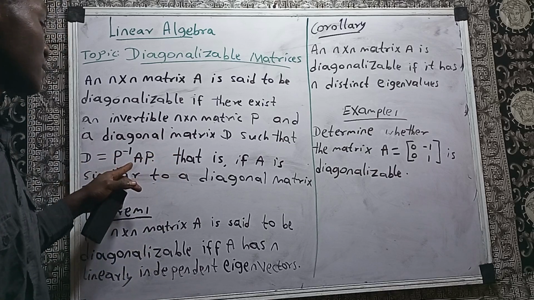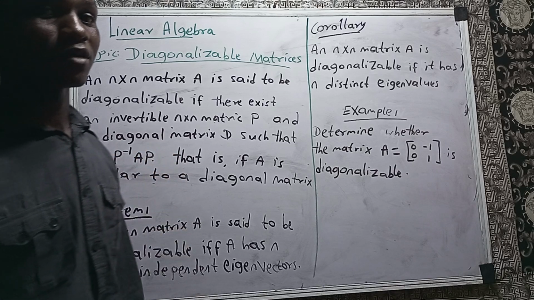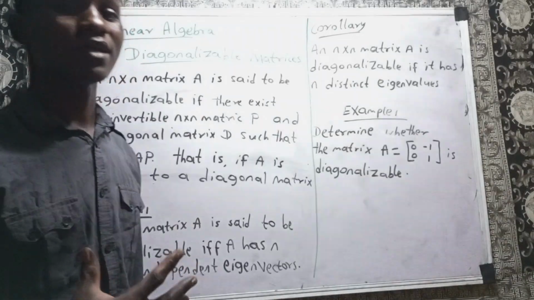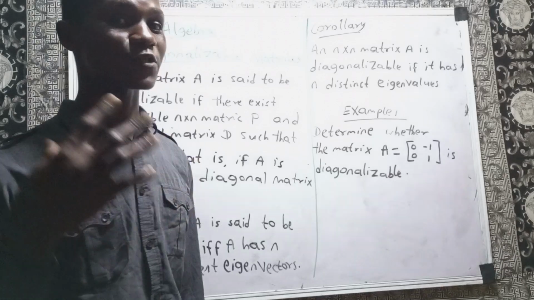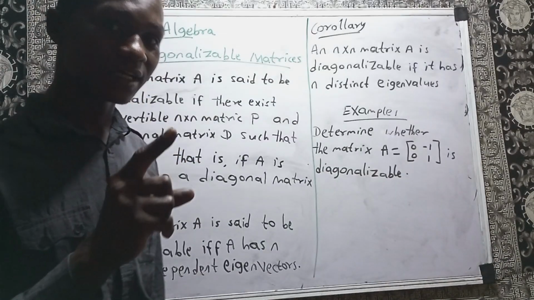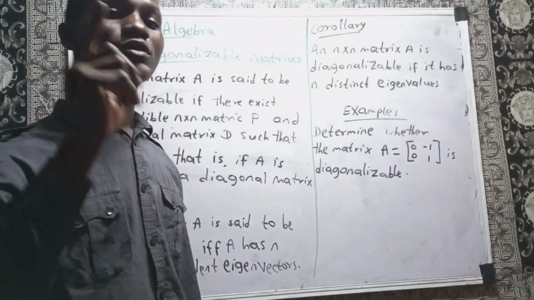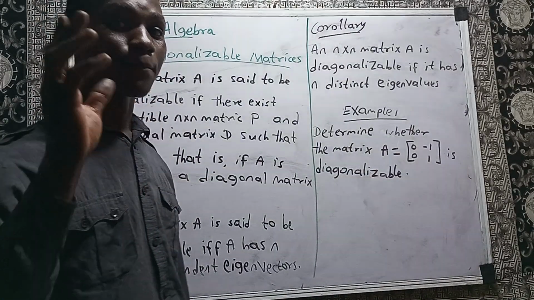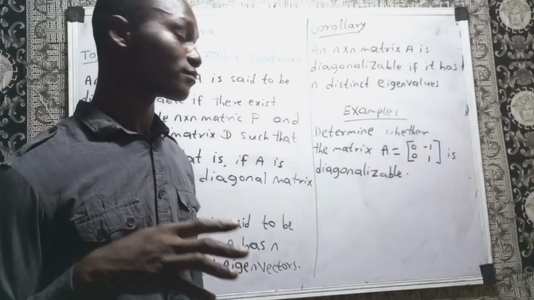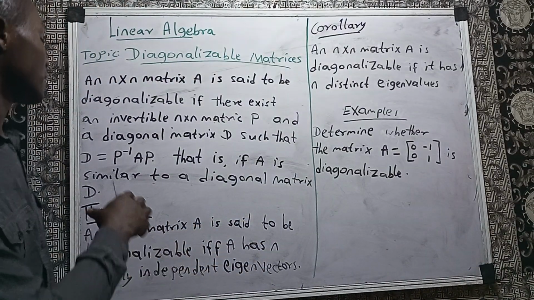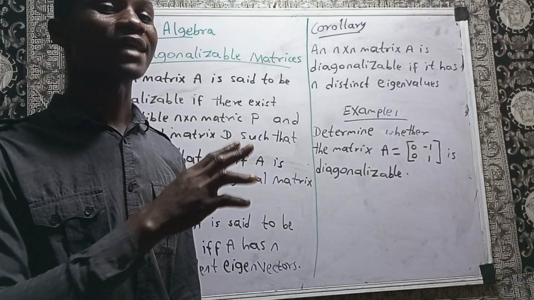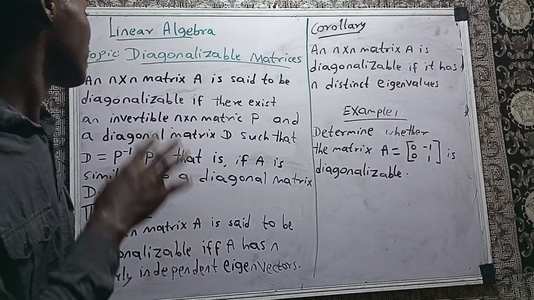That's P inverse multiplied by A multiplied by P. So this is just telling you that a particular n by n matrix, a particular square matrix, is said to be diagonalizable if you can find an invertible n by n matrix P such that this relation holds. So you can find an invertible n by n matrix P and a diagonal matrix D.